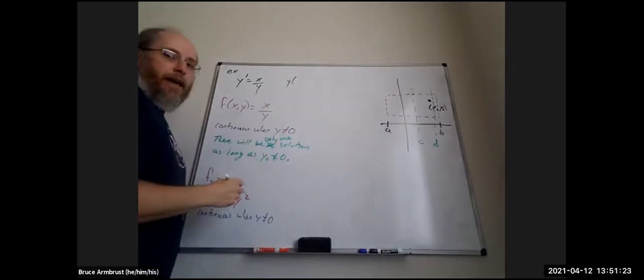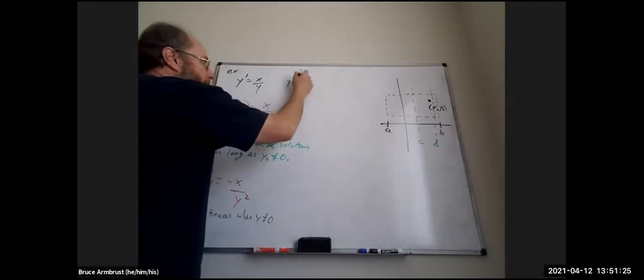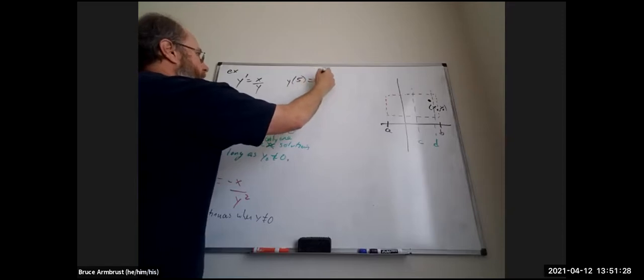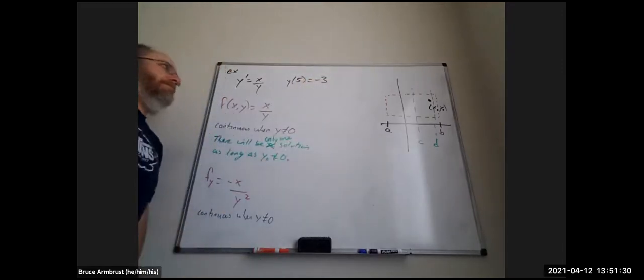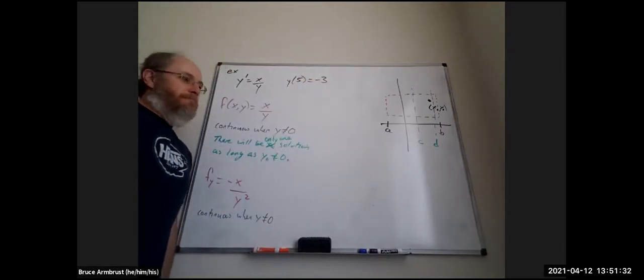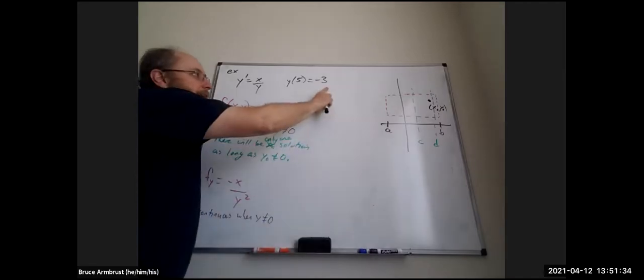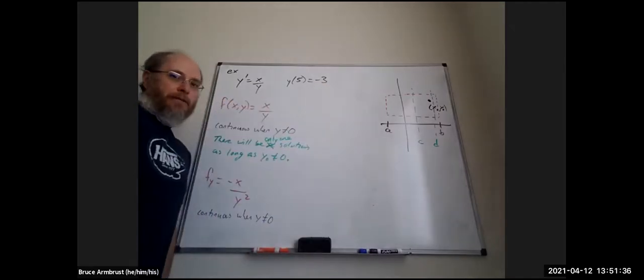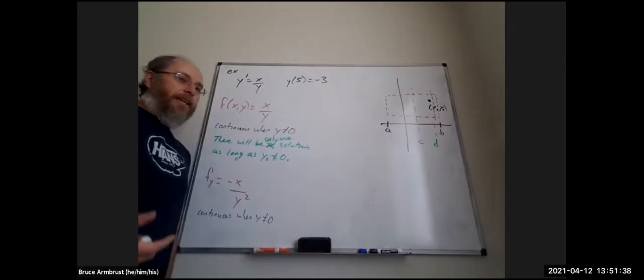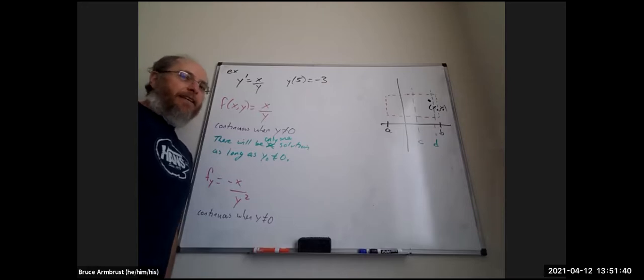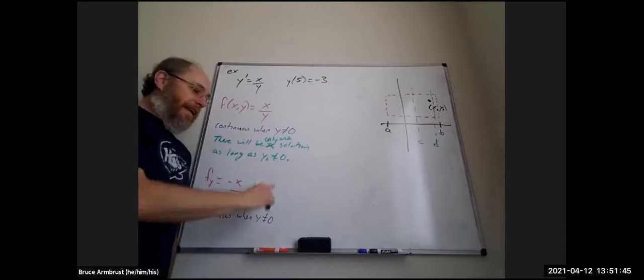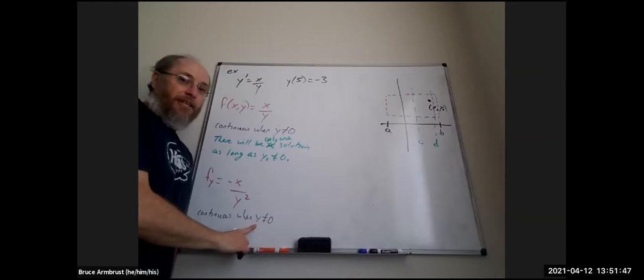Let's say that y of 5 is equal to -3. Since that -3 is not 0, I know that I am guaranteed a solution. And I'm guaranteed that that solution is the only one.